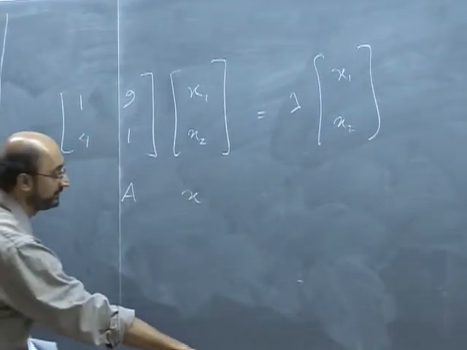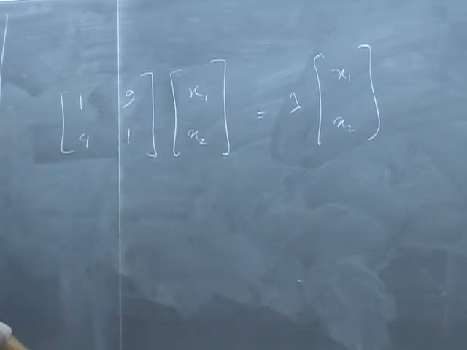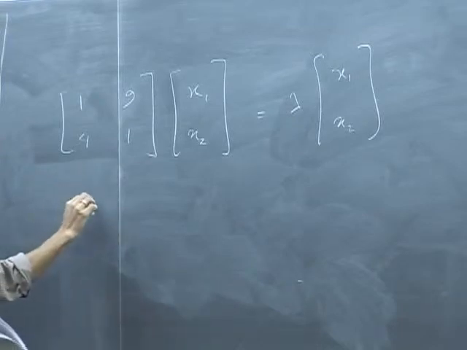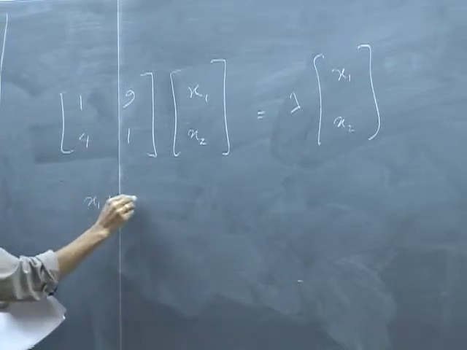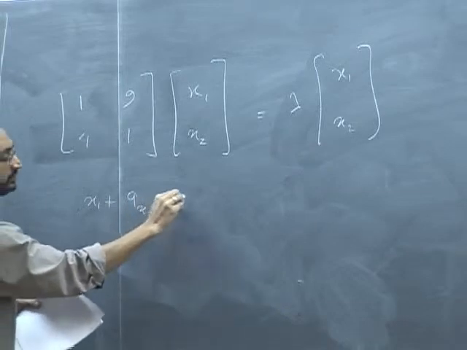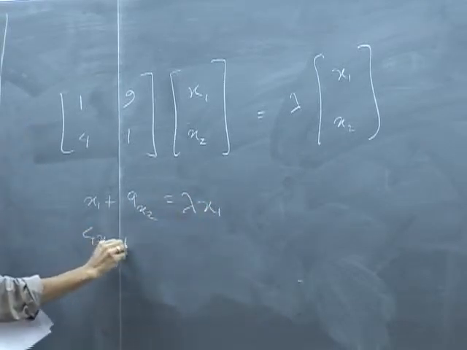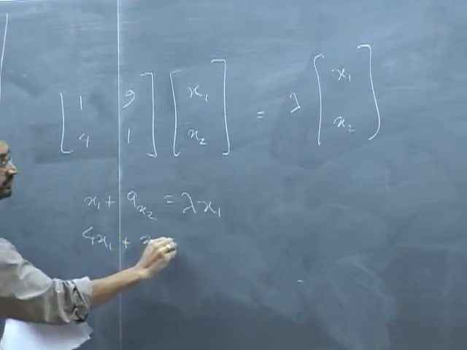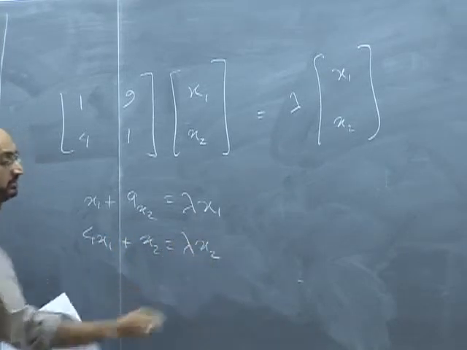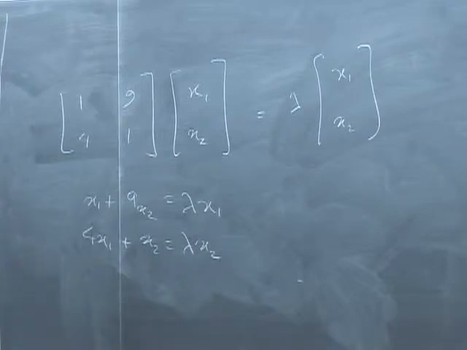So we can write this like this. We just expand this out. We get this equation: x1 plus 9x2 equals lambda x1, and 4x1 plus x2 equals lambda x2. This is just by expanding the matrix. And we should take lambda to the other side.